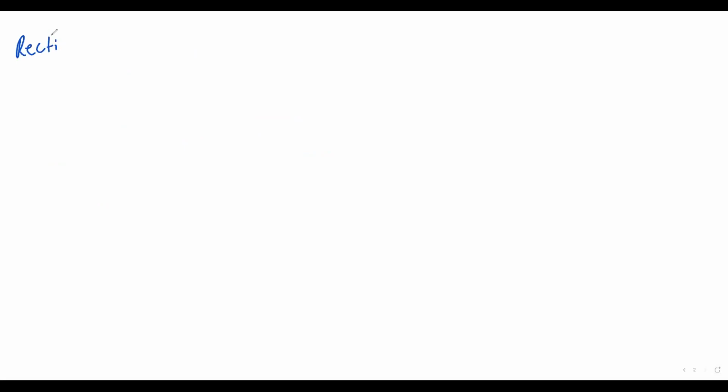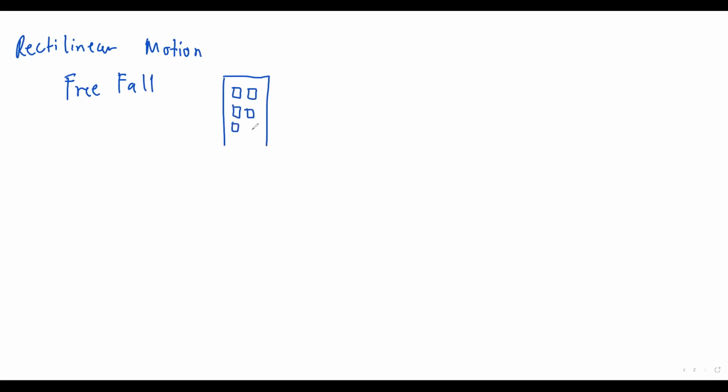More on rectilinear motion, mas magpo-focus tayo sa freefall. Hindi ko siya technically na-discuss nung physics natin, pero under siya ng uniformly accelerated motion. Let's say we have a building here, 4-story siya.